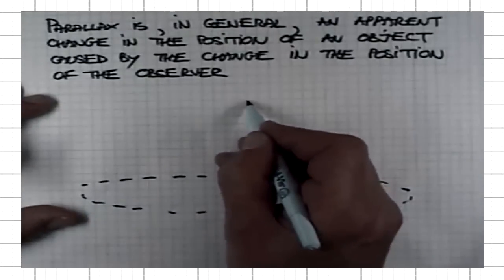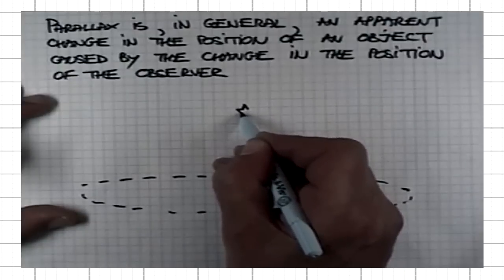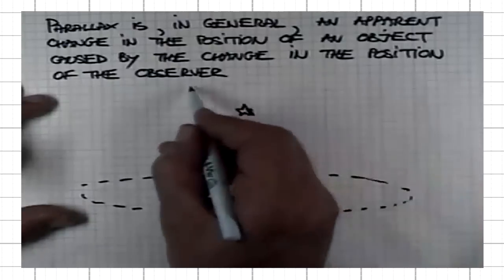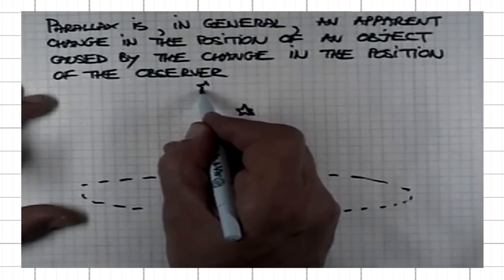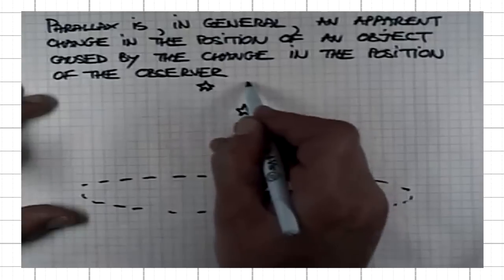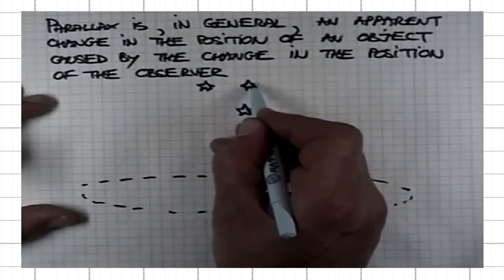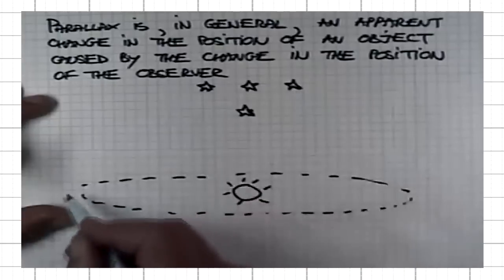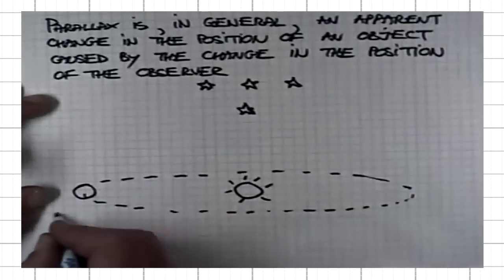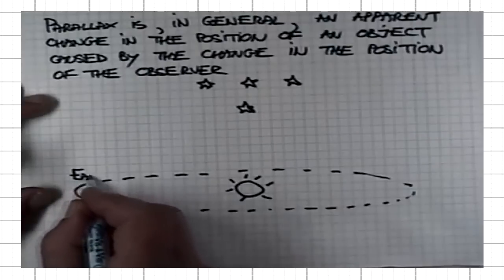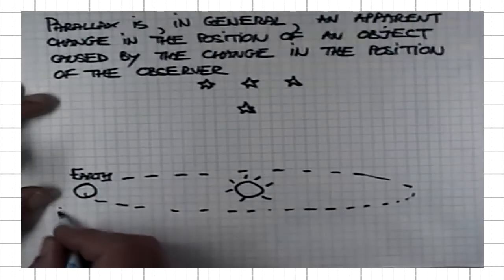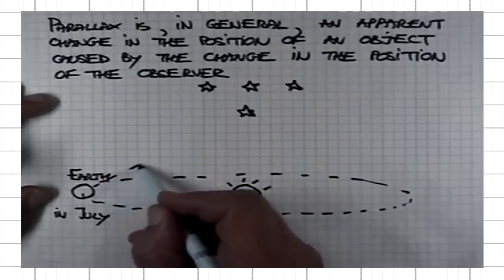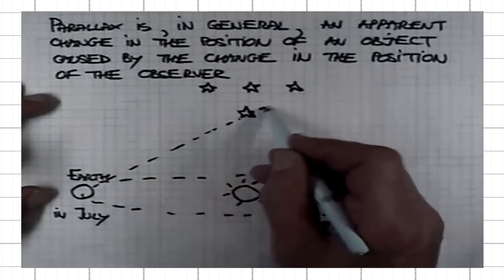So if I have here a nearby star and other stars in the background more distant than this one here, then when the Earth is here, say in July, it will look to me that this star is closer to this one here.